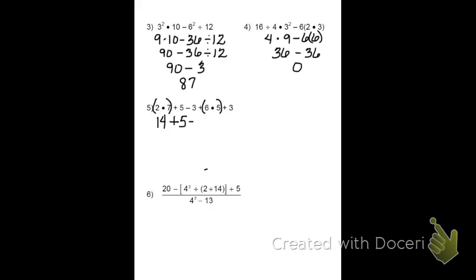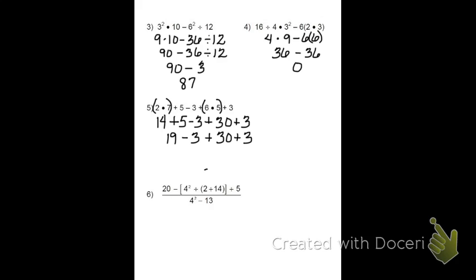Plus 5 minus 3 plus, this would be 30, plus 3. Now we're left with just addition and subtraction, so we move from left to right. So 14 plus 5 is 19, minus 3 plus 30 plus 3.